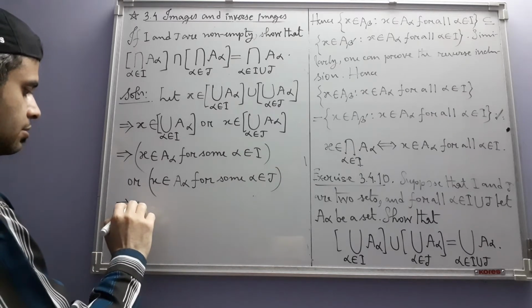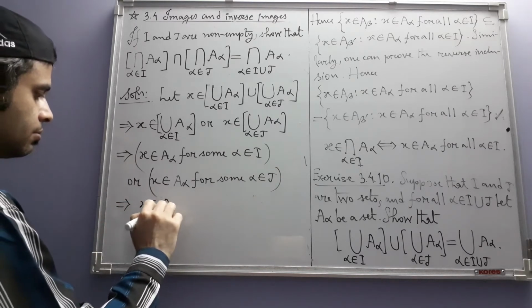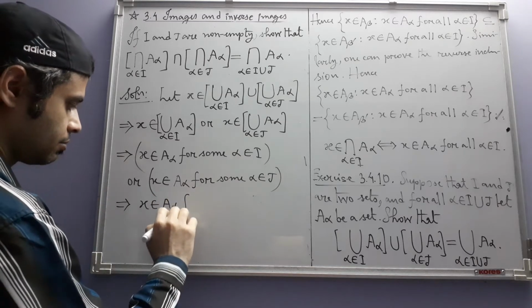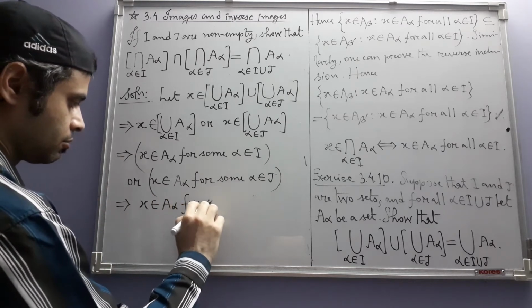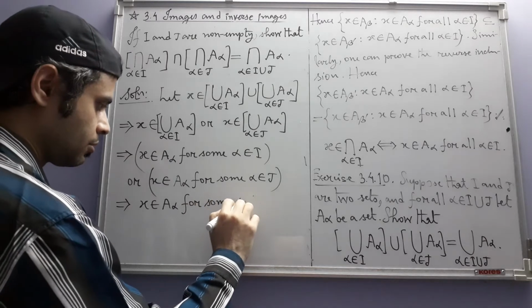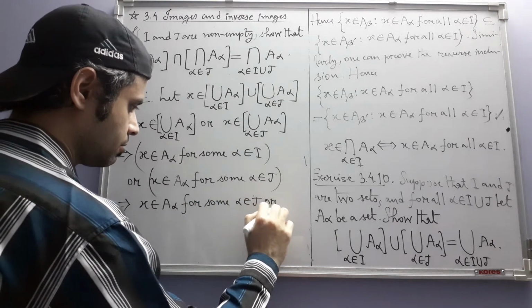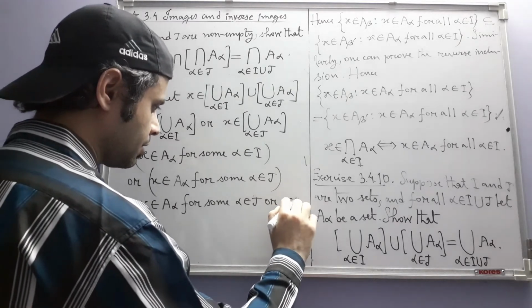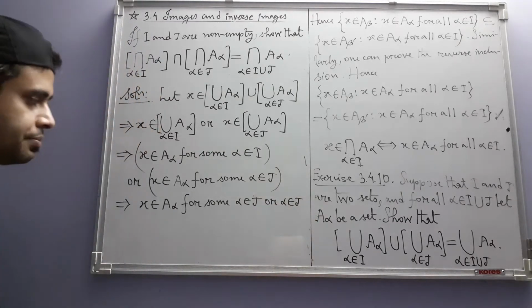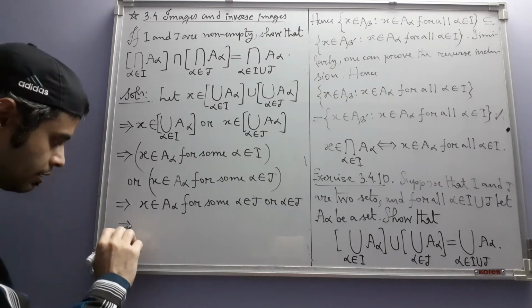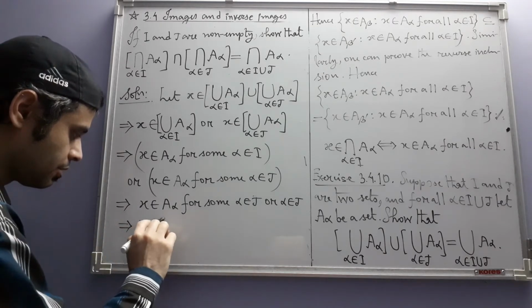This implies x belongs to A alpha for some alpha belonging to I or alpha belonging to J, and this implies x belongs to A alpha.